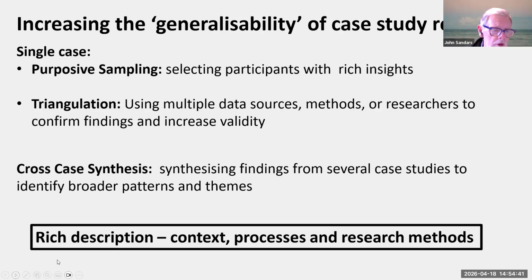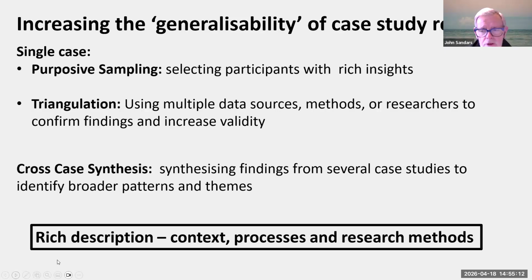You can also use what's called triangulation, where you're using multiple data sources, quantitative and qualitative, but also methods. So, for example, you might do a focus group and one or two interviews with individuals who've got particular views, which is similar to purposive sampling. So you combine both together.